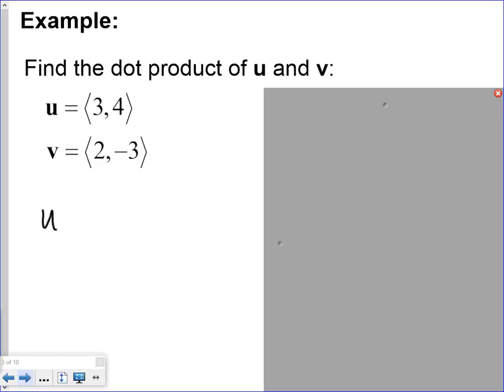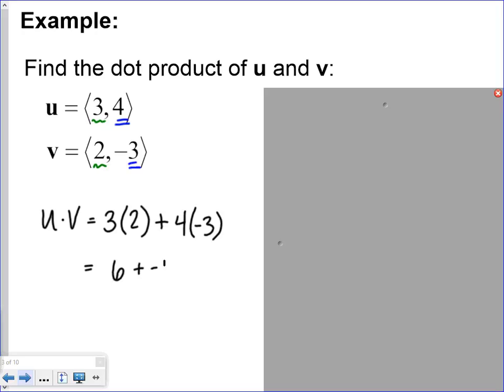I'm going to go ahead and set up my notation for a dot product. u times v is equal to, and then I'm going to grab my horizontal components from u and v, multiply those together, so 3 times 2, plus grab my vertical components from both vectors, multiply those together, 4 times -3, and then evaluate. The dot product is 6 plus -12, which is -6.